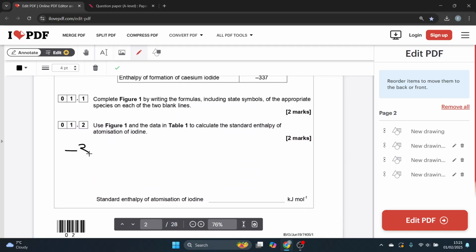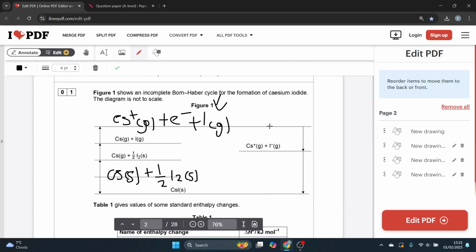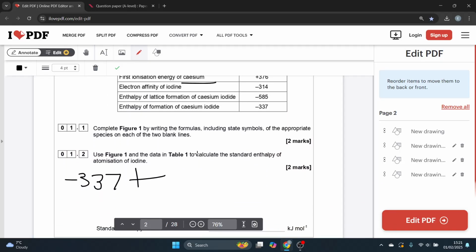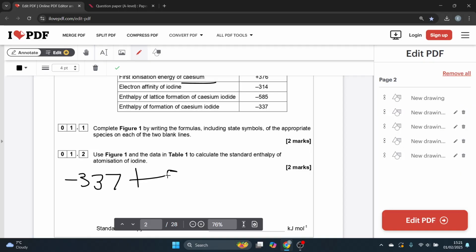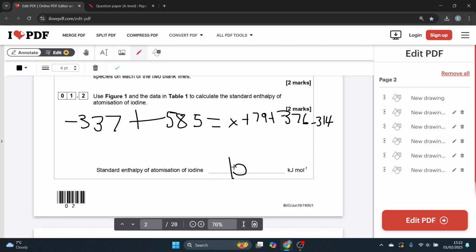So it's going to be minus 337 plus the enthalpy of lattice formation, plus 585, and that's going to be equal to x plus 79 plus 376 minus 314. You should get the enthalpy change as 107 kJ mol to the power minus 1.